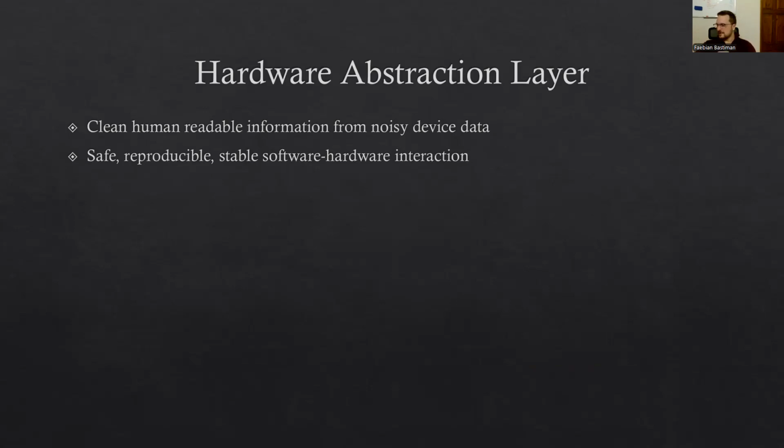Importantly, it's what is useful to the user. You typically have about 50 devices connected to one of these systems, but you typically only want to see a handful of values at any one time. And it allows safe, reproducible, stable software-hardware interaction. That's very important because you don't want this to be something that is unreliable in production.